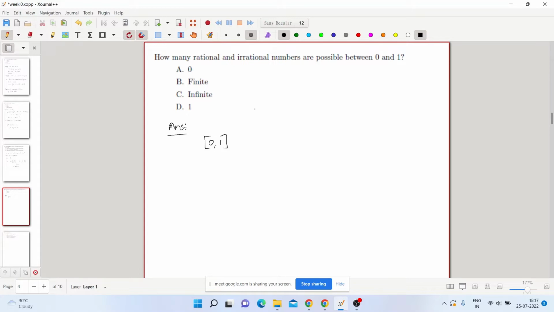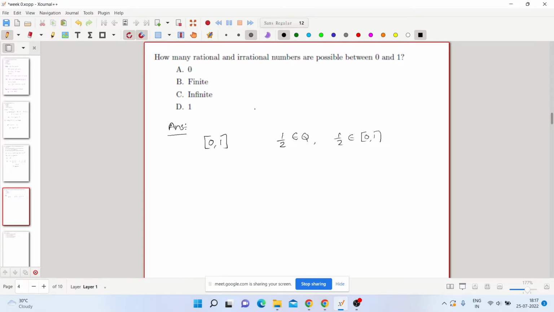The first option is 0, meaning there are no rational or irrational numbers between 0 and 1, which is clearly not true, because 1 by 2 is an element of Q and 1 by 2 belongs to [0, 1]. So it is not 0.